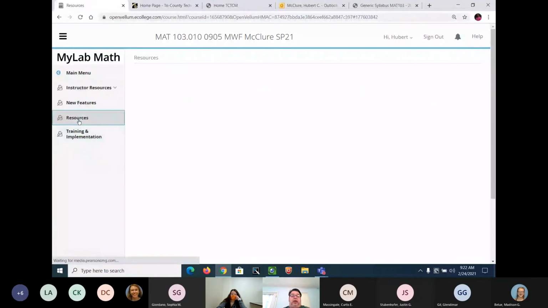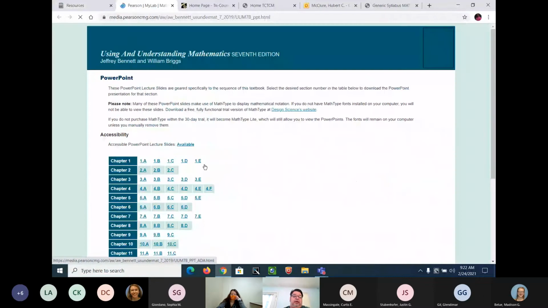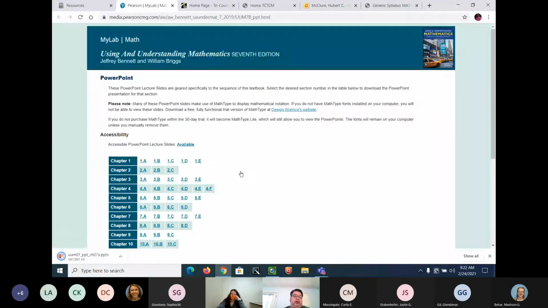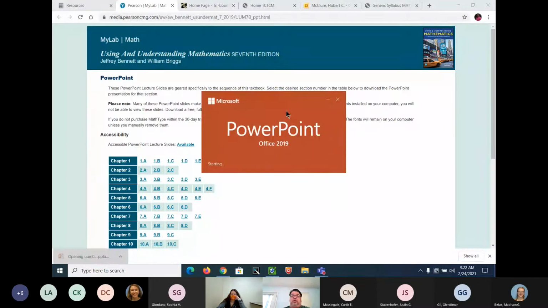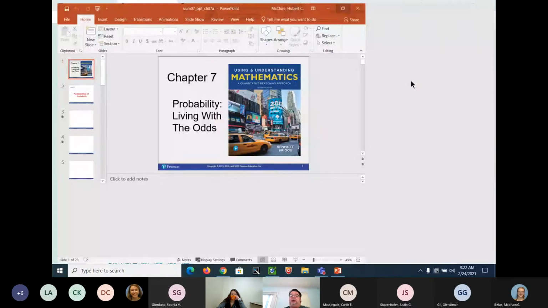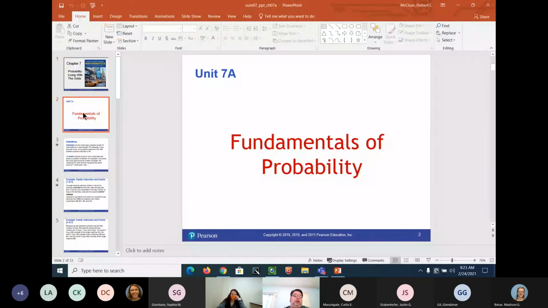And you may not realize that you've seen probability before, but you have. So 7A, I'm just going to use the handout as a guide because I usually take off from it. I'm trying to click on the mouse and talk, and men can't do that very well.